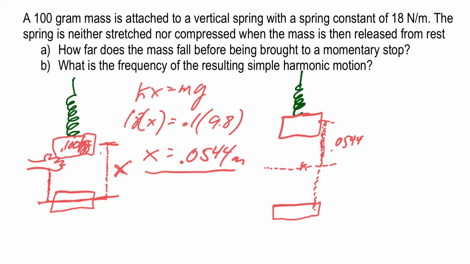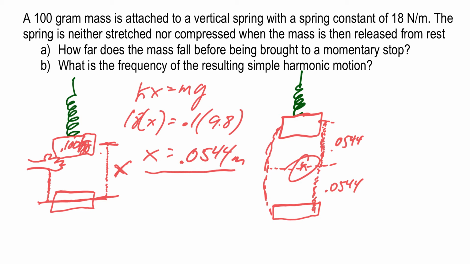It's going to stop it at exactly 0.0544 beyond the equilibrium point. Then all that kinetic energy is turned into potential energy, and it's going to repeat and go back up to this point.